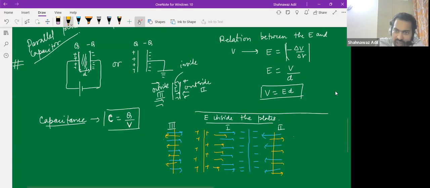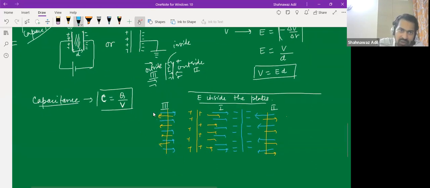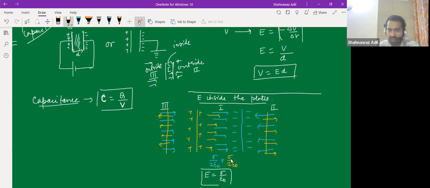How much is that? We have sigma by 2 epsilon naught plus sigma by 2 epsilon naught. So the electric field inside the region is sigma by epsilon naught. Is this clear?